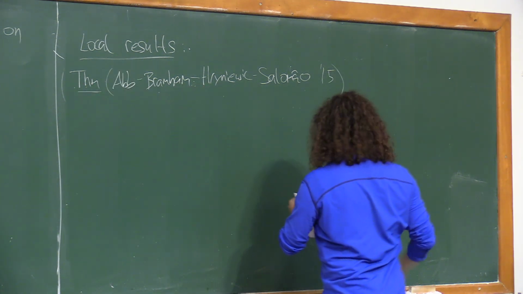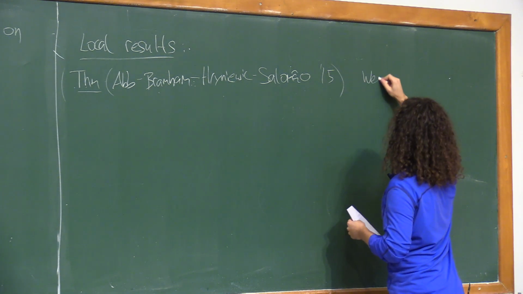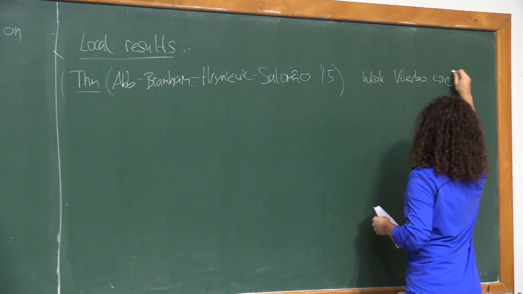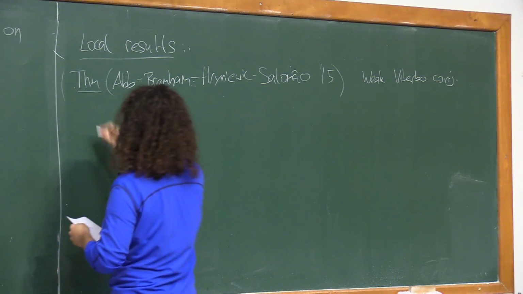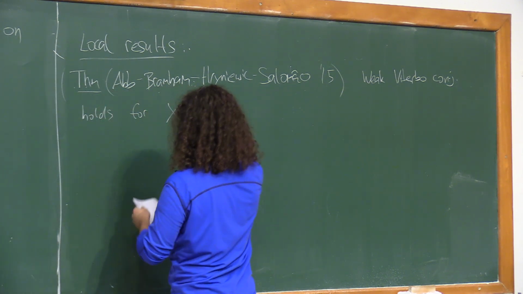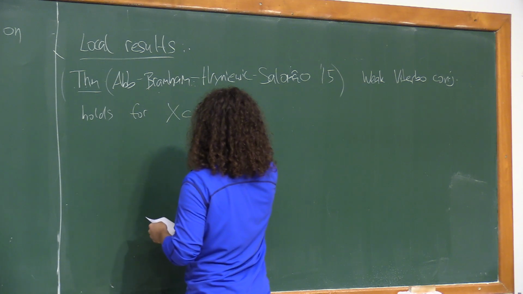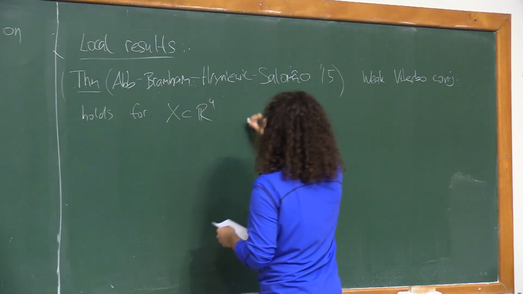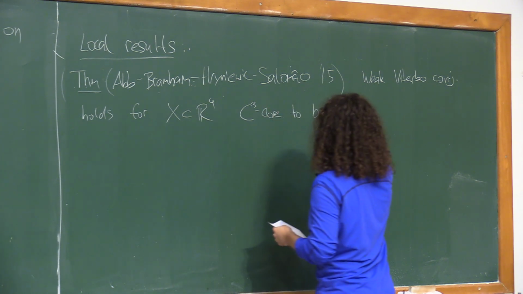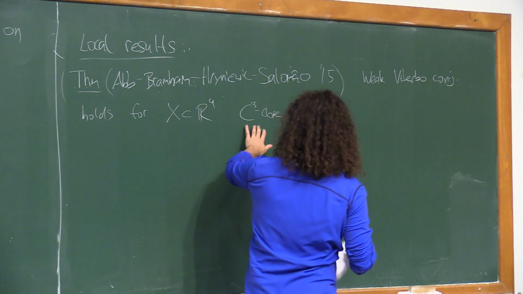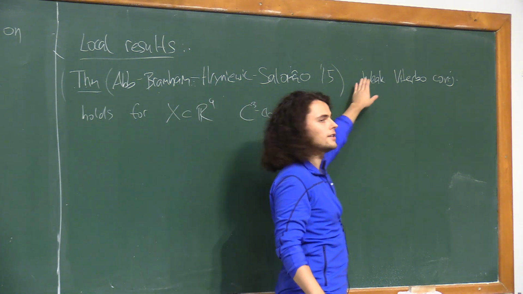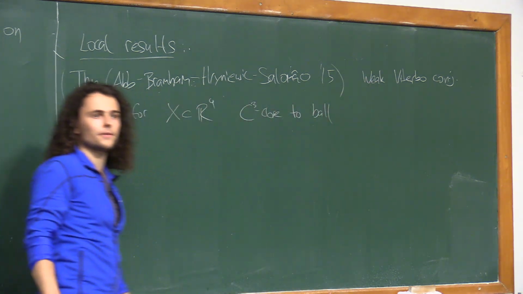So this result is saying that the Viterbo conjecture holds for convex domains X inside R^4, so we are in dimension 4 here, that are C^3 close to the ball. Right, so we have the ball, and everything that's sufficiently C^3 close to the ball satisfies this Viterbo conjecture if we are in dimension 4.